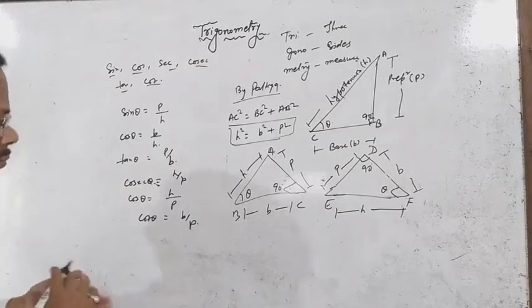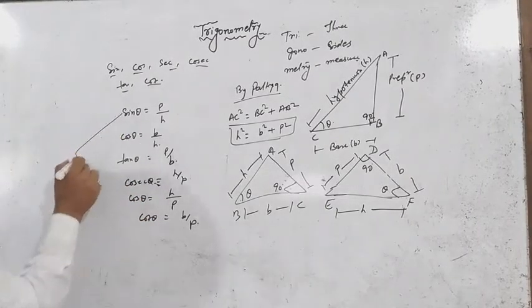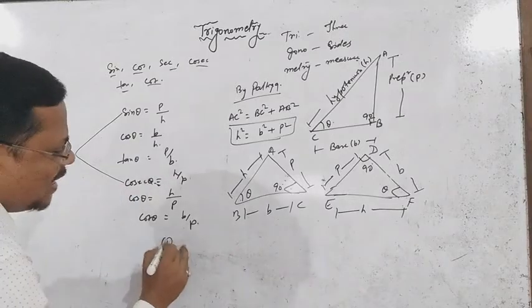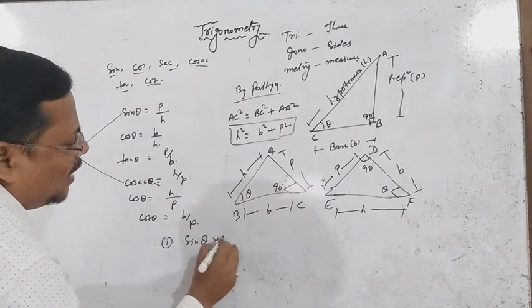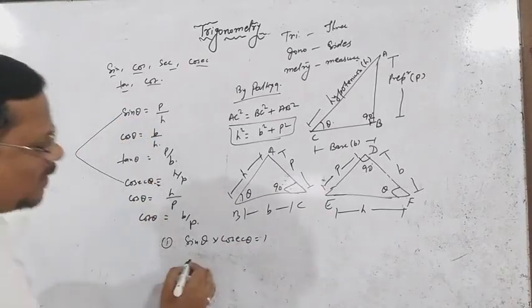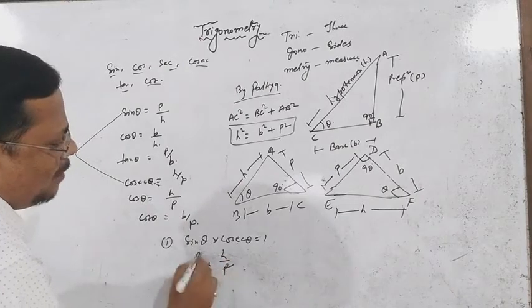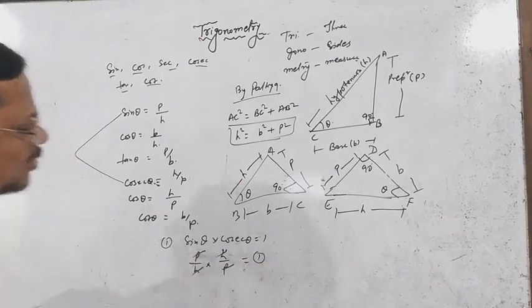We know that, look at this formula. Sin theta is the opposite of cosec theta. Then find the relation: sin theta into cosec theta equals 1. For example, sin theta is given as P by H, and cosec theta is given as H by P. P is cancelled and H is cancelled, and then we find 1.